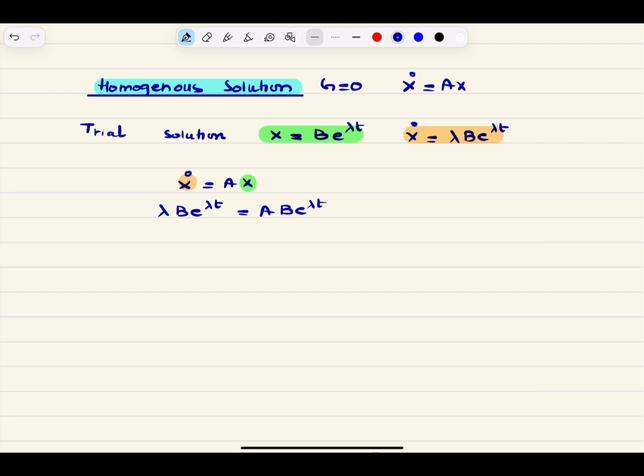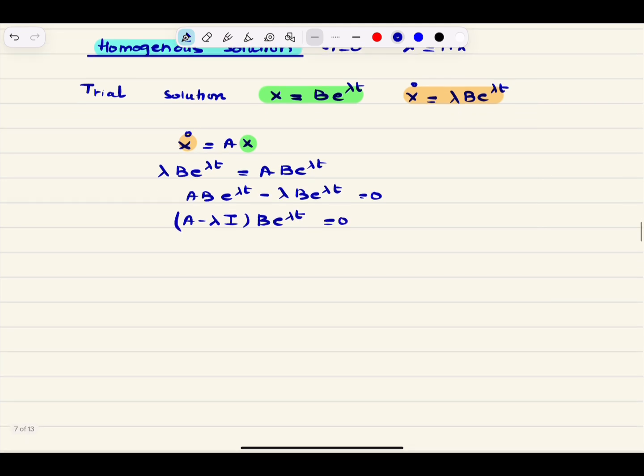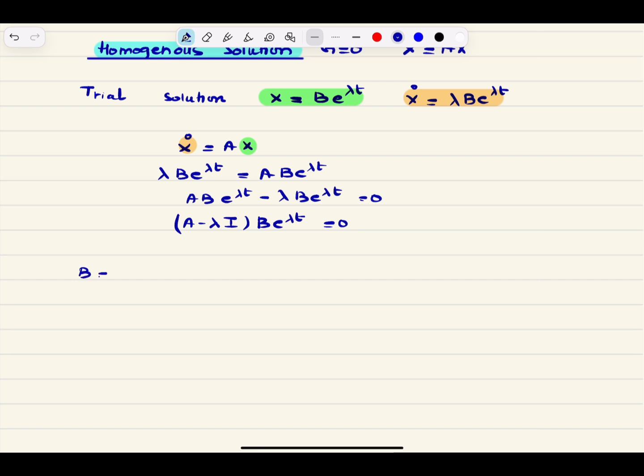Then I have λ b e^(λt) minus A b e^(λt) is equal to 0. So (A minus λ times the identity) times b e^(λt) is equal to 0. This is a non-zero matrix.